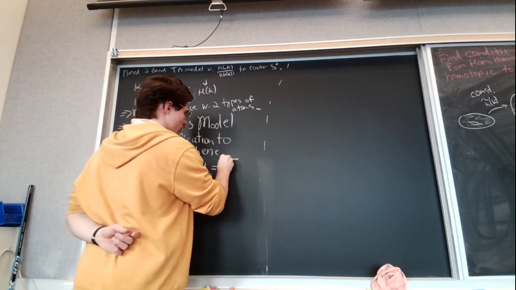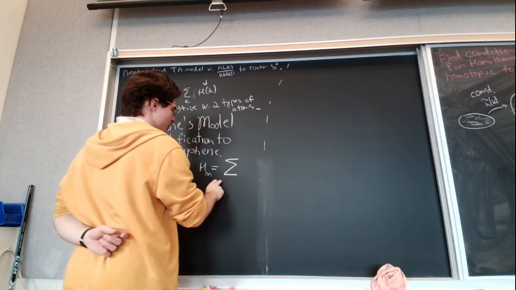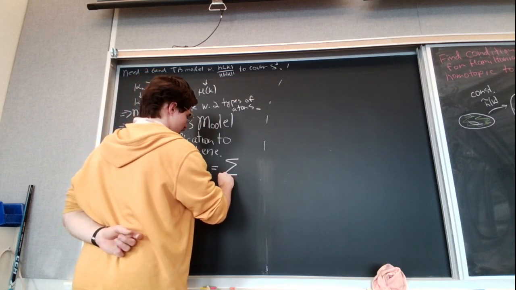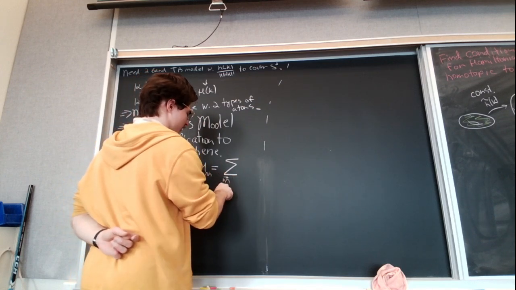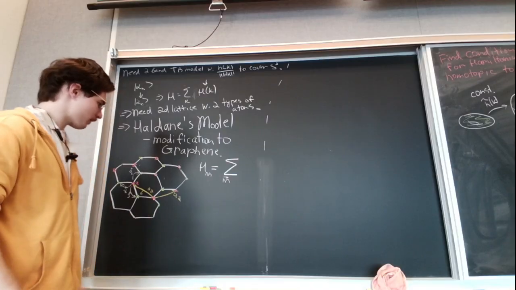We're going to sum over the unit cells, so I'm going to sum over some unit cell indices. Okay?